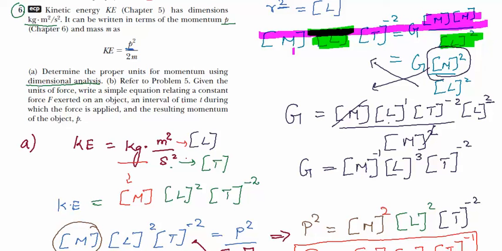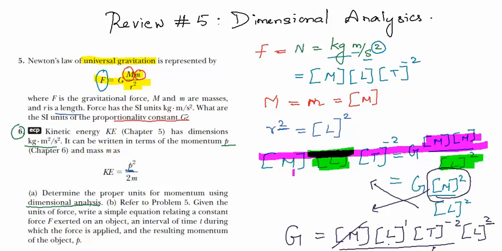Okay, so given a constant force exerted on an object over an interval of time t during which the force is applied, and the resulting momentum, we have to write an equation relating them.